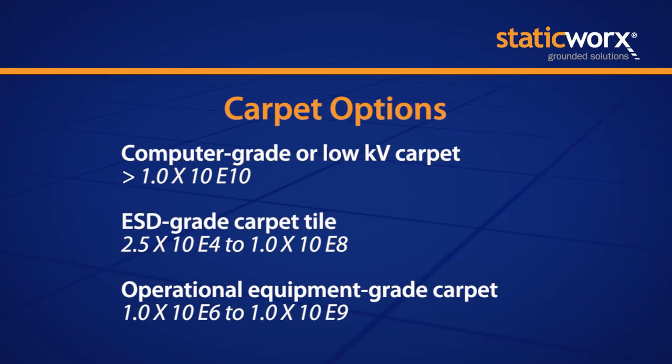So we have three options right now in the world of carpet. We have what's called computer-grade carpet, we have what's called ESD-Grade carpet tile, and then we have what's called operational equipment grade. ESD-Grade carpet tile has been in use for probably 20 years. And these three standards that I mentioned before, ATIS, Motorola, and FAA, have recently revised their electrical specifications, and they no longer approve ESD-Grade carpet tile because it's too conductive.